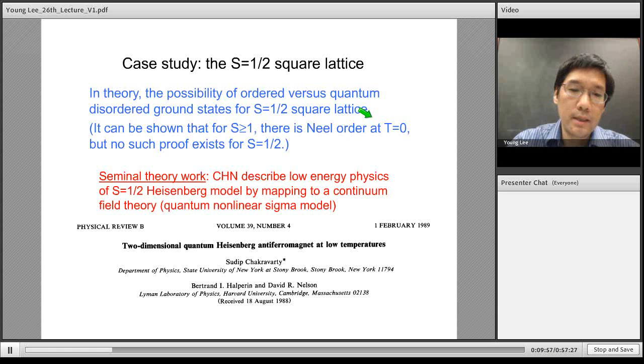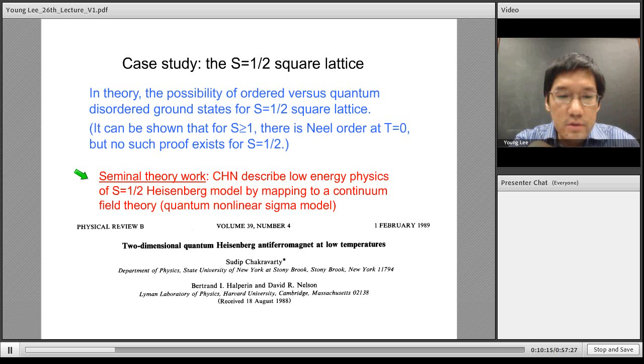However, it was hard to prove that the case for spin 1/2 orders on the square lattice. People had believed this to be true, but there was no analytic proof of this. Then there was some seminal work done by the people in the paper that I copy below, Chakravarty, Halperin, and Nelson.